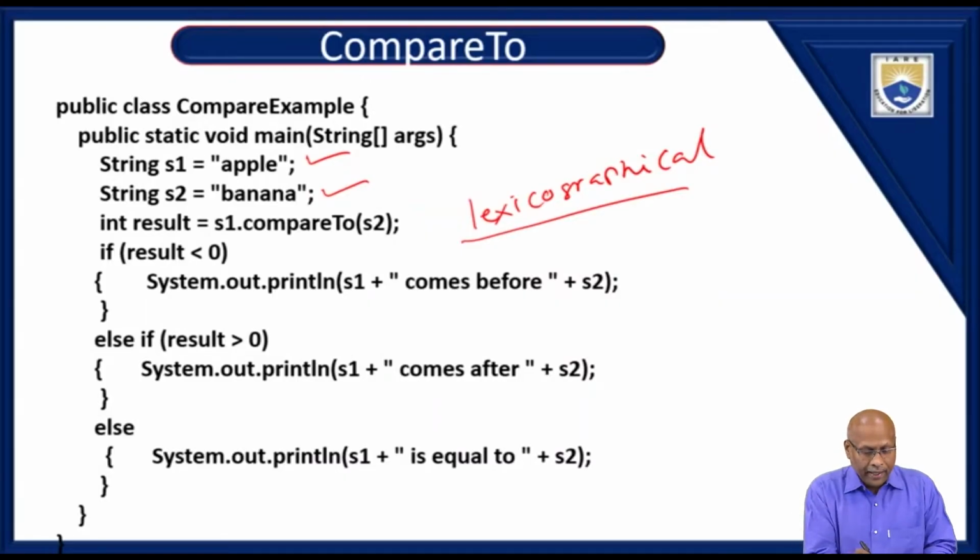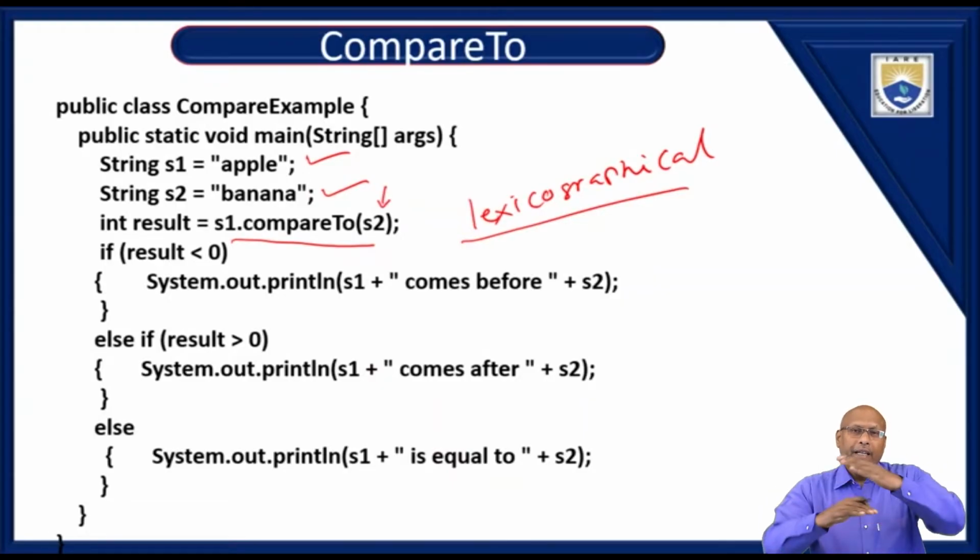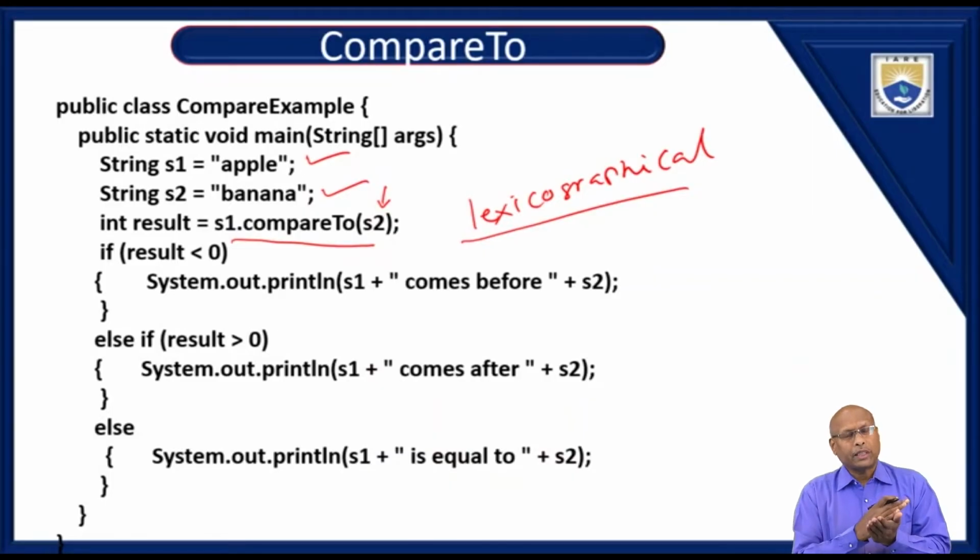So if you compare S1 with S2, there is a method called compareTo. S1 we are comparing with S2, and it will give you an integer value. That integer value may be positive, negative, or 0. When both are exactly equal, it will be 0. If the first one comes first, then first one minus second one will give a negative value.